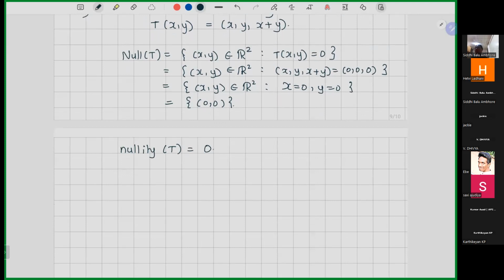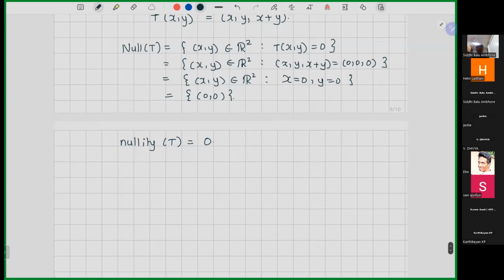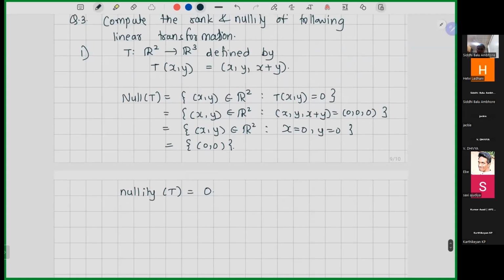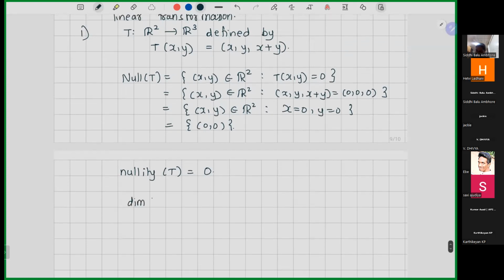Yes, it means T is injective, recalling from the previous theorem. You can clearly check that it is injective. So T is injective, and we have the nullity and the dimension of R2. The dimension of V is the dimension of R2 here, and the dimension of R2 is 2.